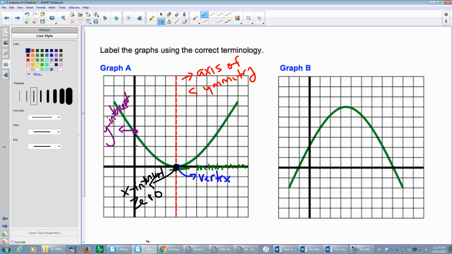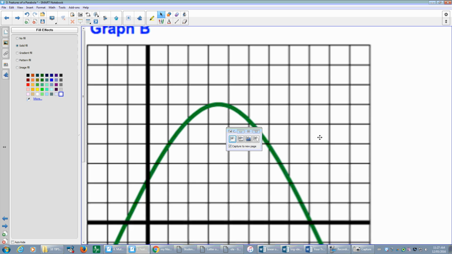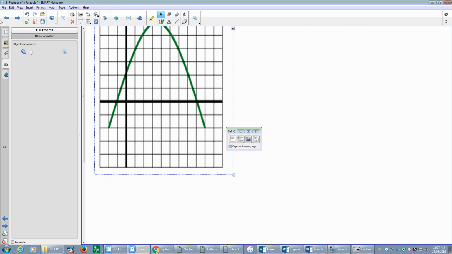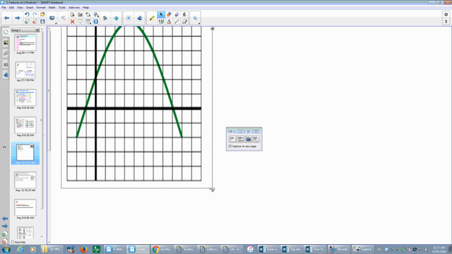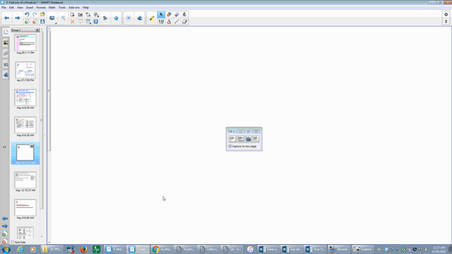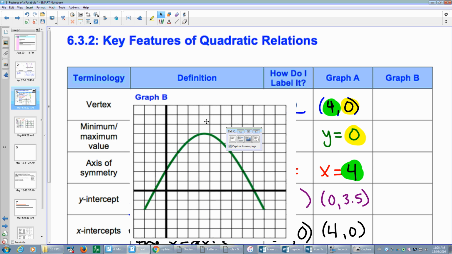Okay, let's do B together. So again, these are words that you have to know. I'm just going to try and make this a little bit easier so I don't have to flip back and forth because you have this all on the same page. Okay, so let's see.